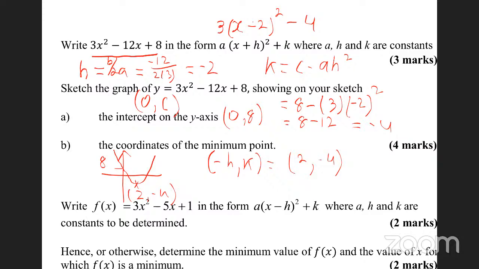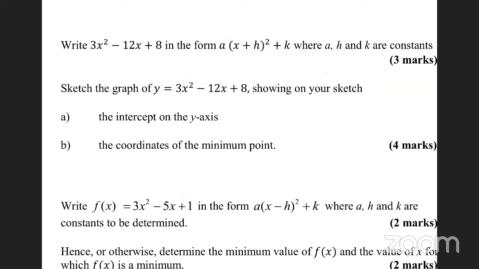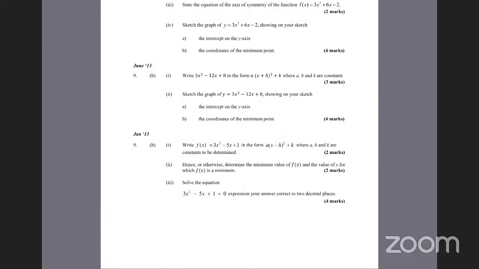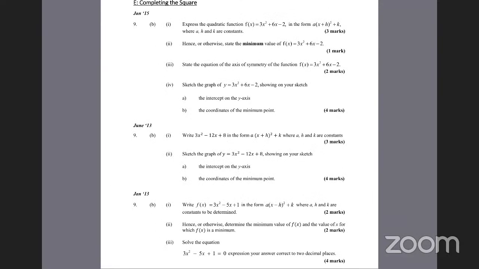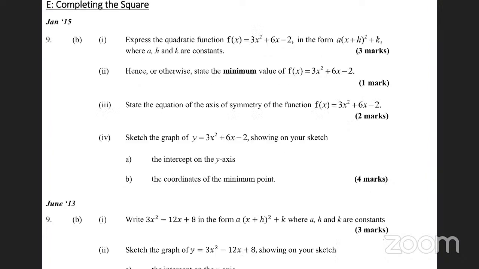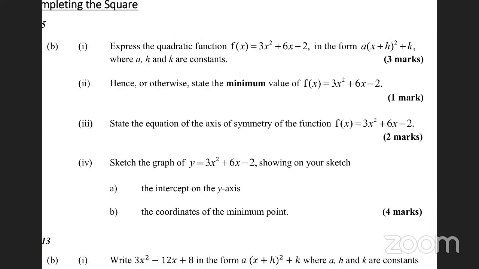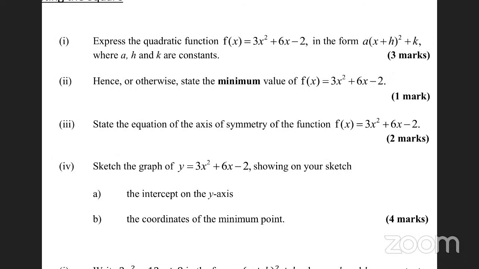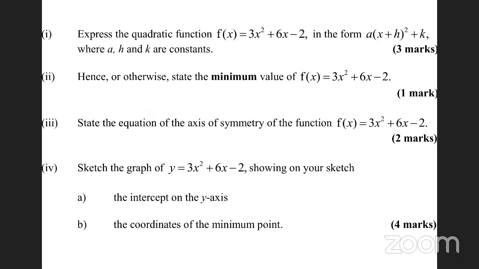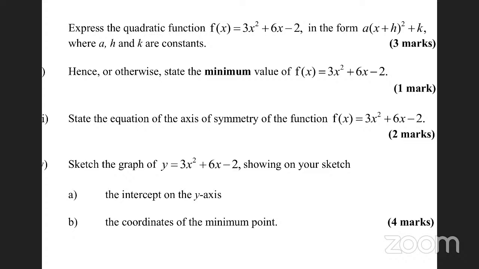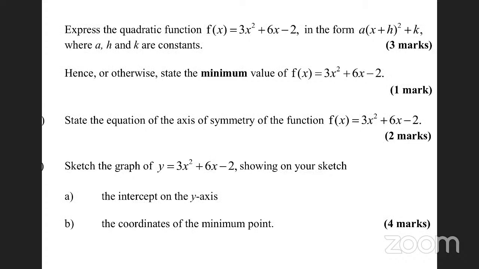Somebody writes it, no? 2015, the one on top. Minimum is the most popular, but sometimes you might see a maximum. Try this one here. Right, these are the same formulas.